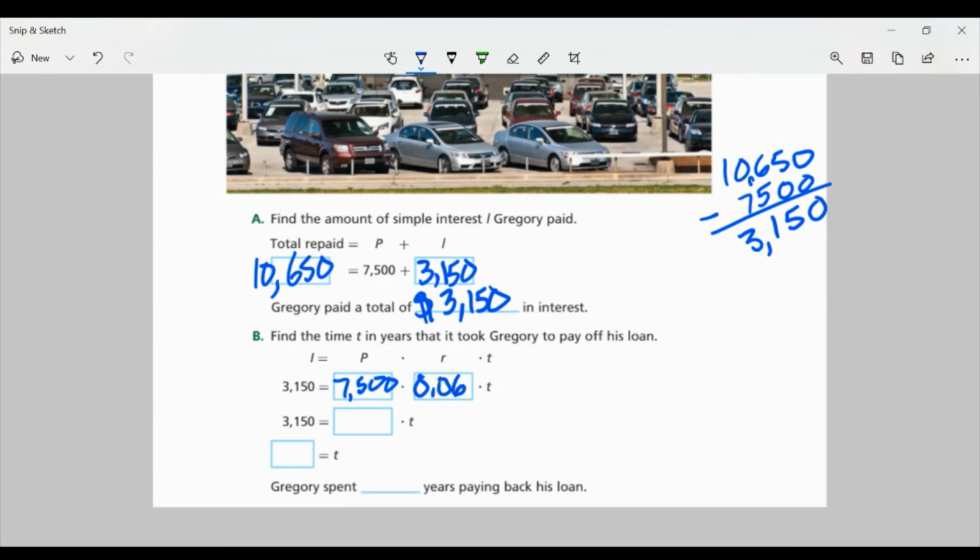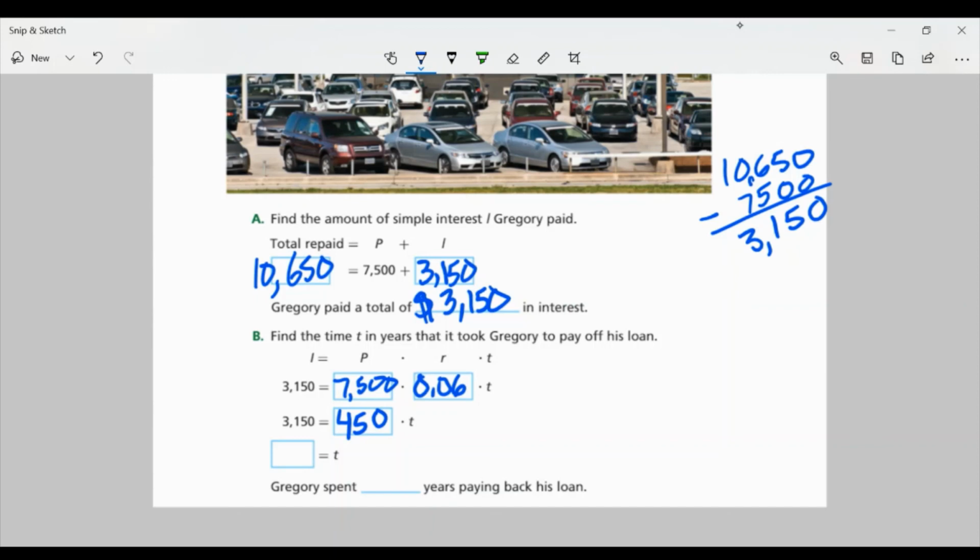Remember, 6 divided by 100. And we don't know what the time is, right? We don't know how many years it was. That's what we're going to solve for. But when I multiply 7,500 and 0.06, I get 450. Now, 450 times some number, which is the amount of years, gives me 3,150.